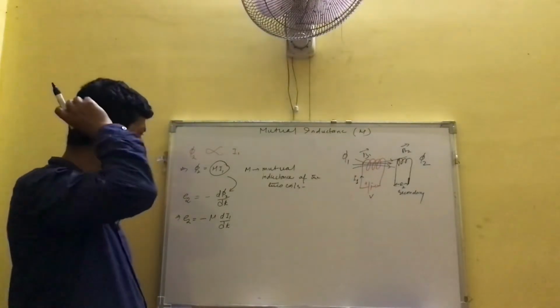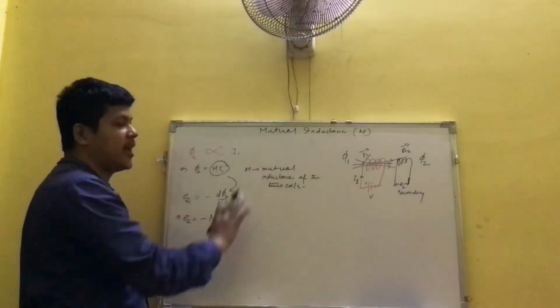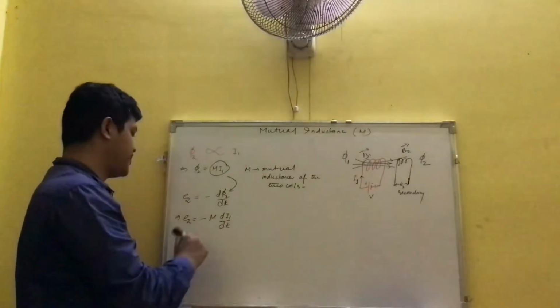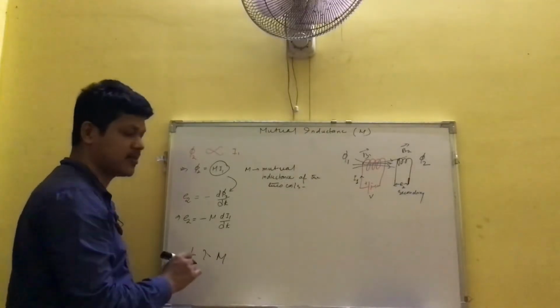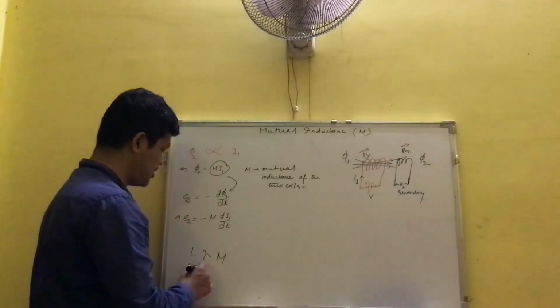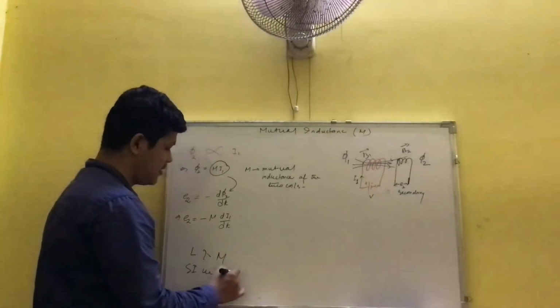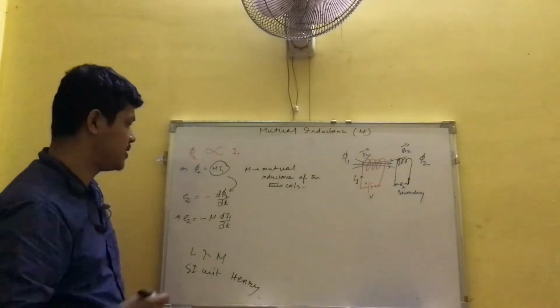Now let me tell you one more thing. SI unit of this is also Henry. SI unit of L and M, mutual inductance or self inductance, in both cases is Henry. Remember that.